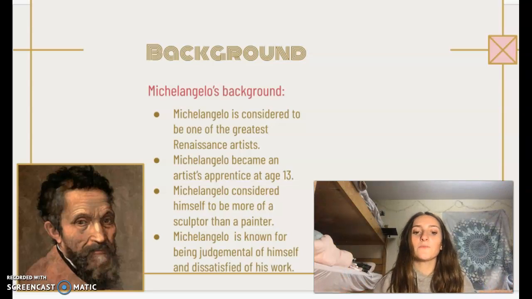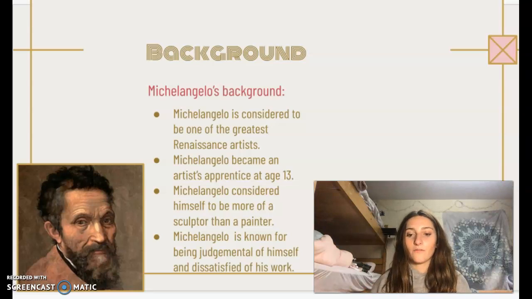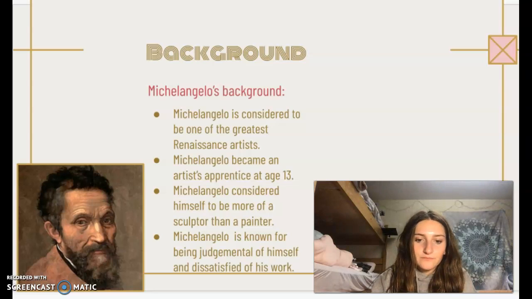He considered himself to be more of a sculptor than a painter, so he was especially hard on himself during the years of painting the Sistine Chapel, which is where the fall of man and the expulsion from the Garden of Eden is located. Because he considered himself a sculptor, he was never very proud of the paintings on his Sistine Chapel, nor felt very qualified to be doing that.